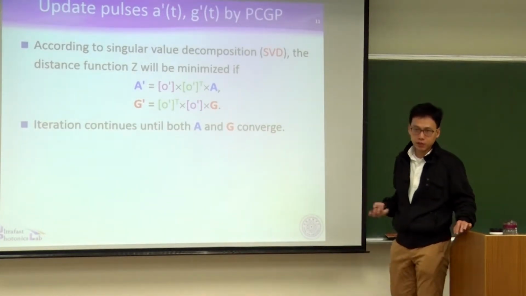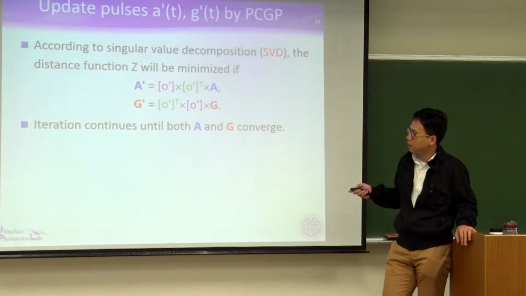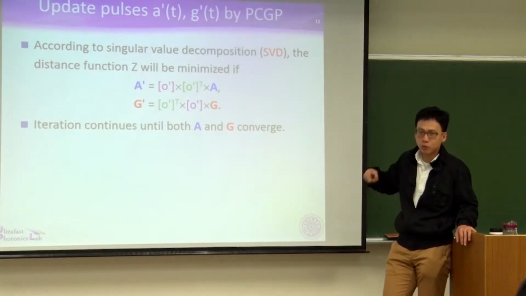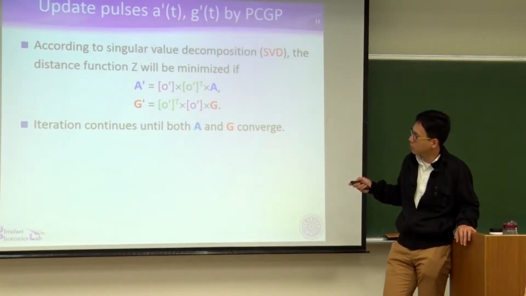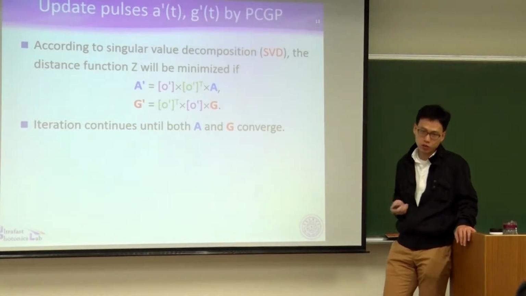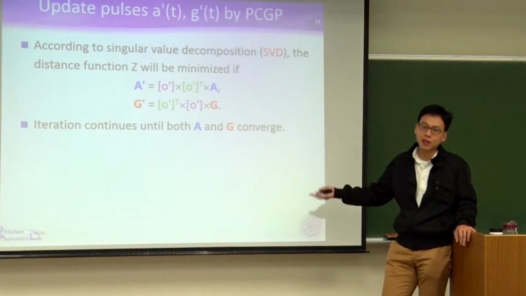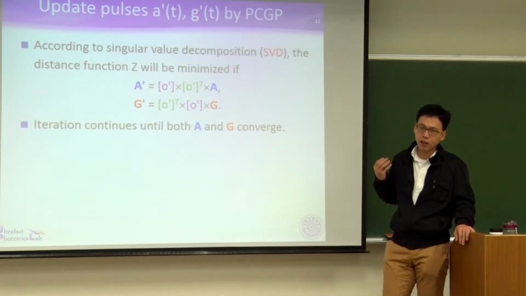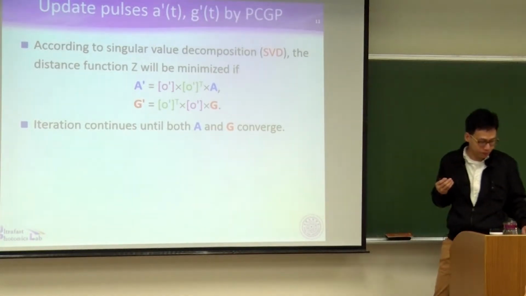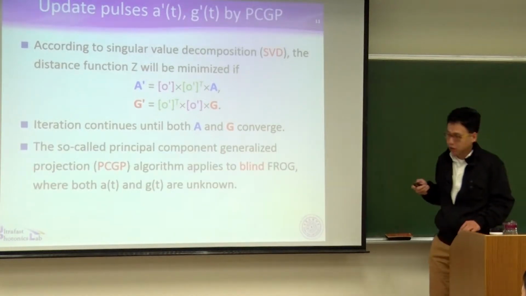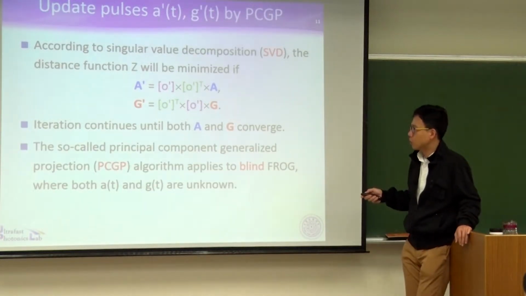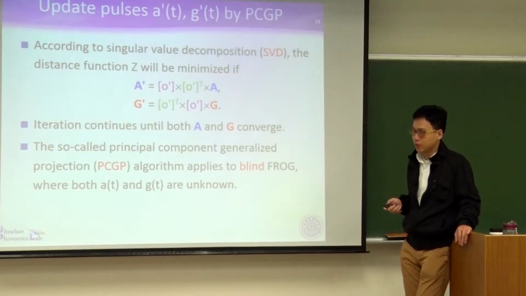Then you complete one loop, and the iteration continues repeatedly until both vectors, the A vector and the G vector, the signal pulse and the gate pulse, converge. Converge means the Flock error does not decrease anymore. Then you can stop the algorithm. And this is the so-called PCGP algorithm.